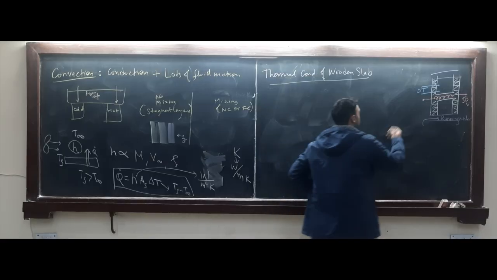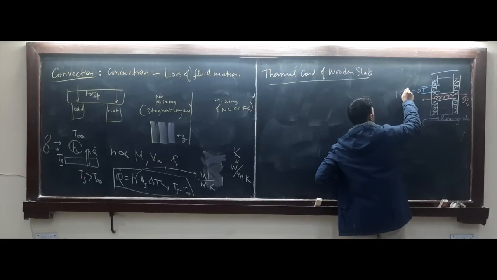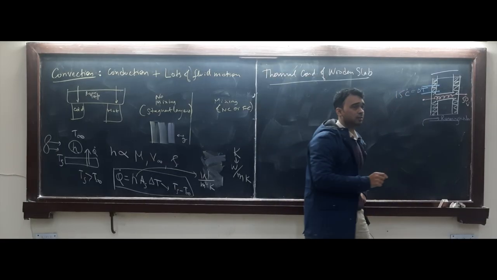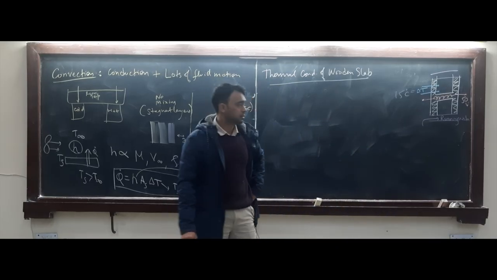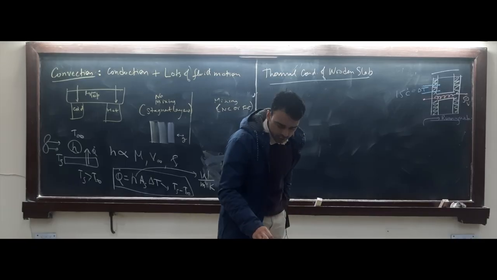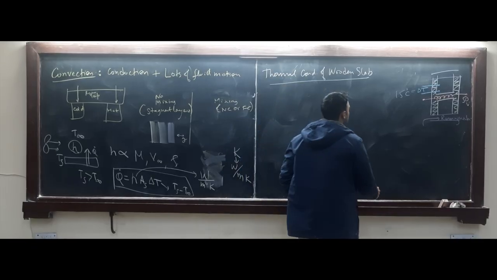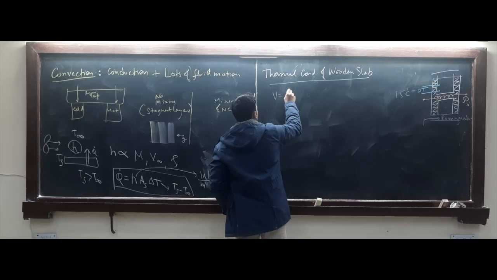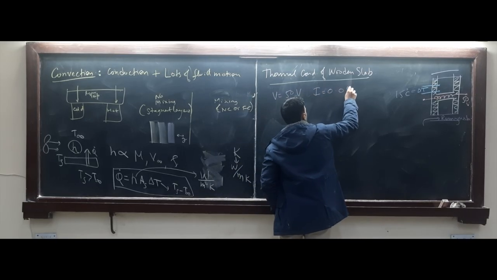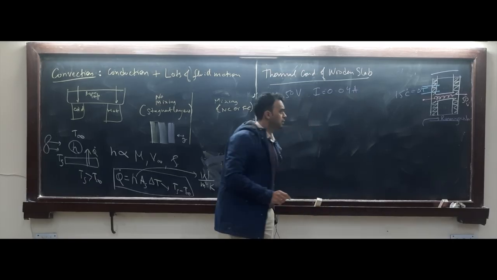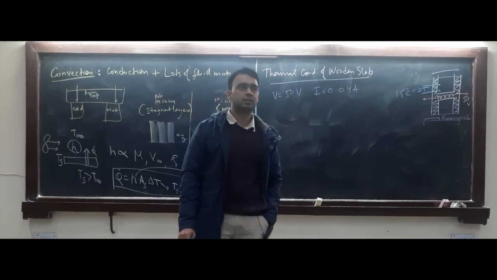This delta T your friend measured to be 15 degrees Celsius. The resistor value or the current passing? The current passing through. I think the current is known to be 0.04. So voltage is 50 volts, current is 0.04 ampere. What else do you need?